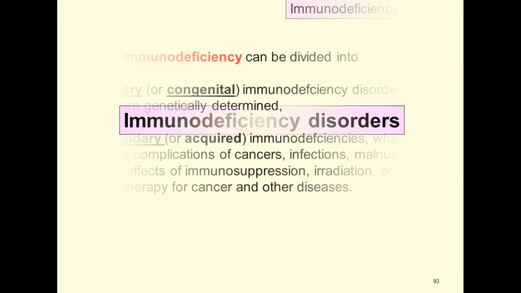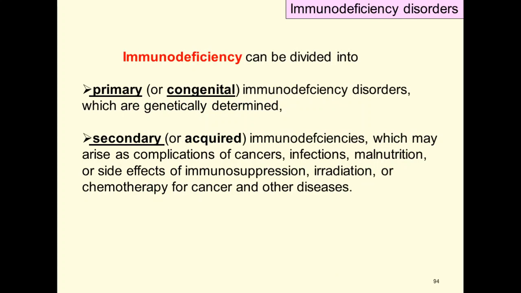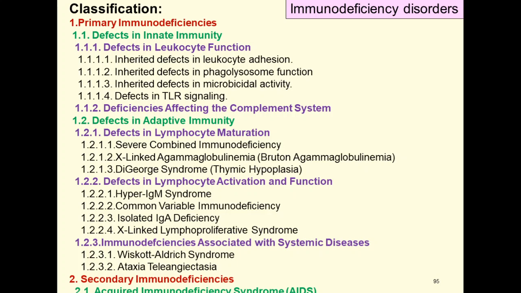Immunodeficiency disorders. So we have primary or congenital, or secondary or acquired. Primary immunodeficiency, so there is a list. I won't mention each of them. During your seminar, there will be a question about primary immunodeficiency syndromes, so please know no fewer than one name in each group.